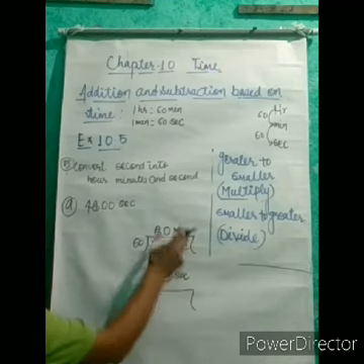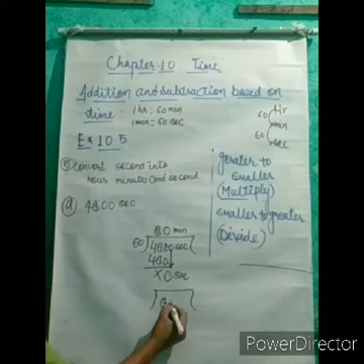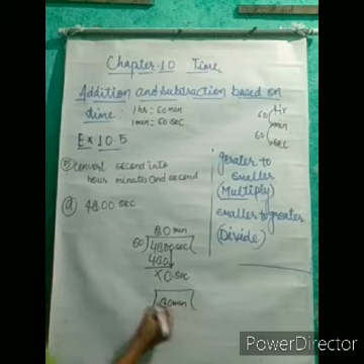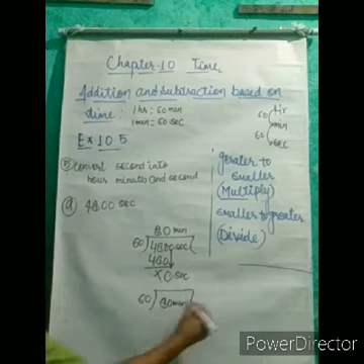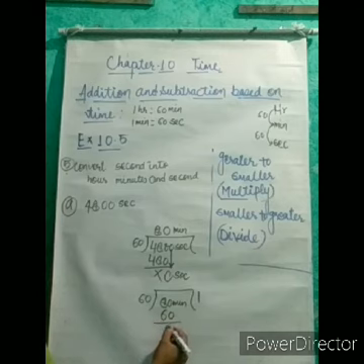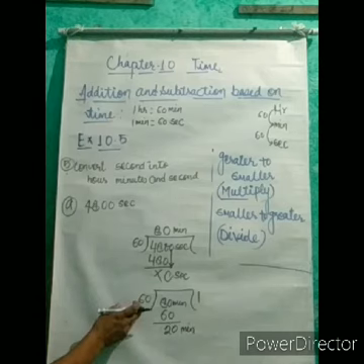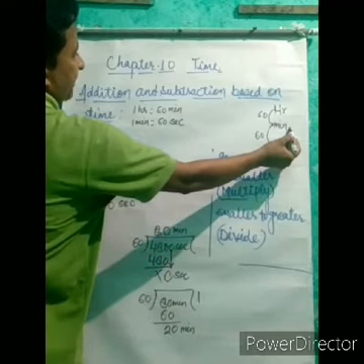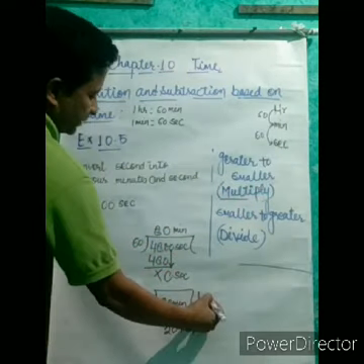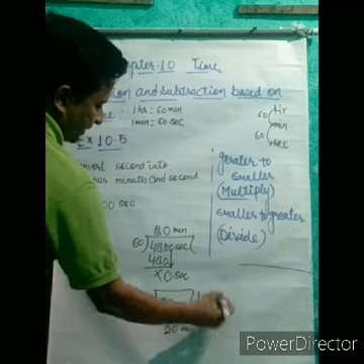So minutes are more than 60, so 80 minutes you can divide by 60. 60 ones are 60, here left 20, this remainder will come in minutes. And when you divide minutes by 60, it will convert into hours, so your quotient will come in hours.